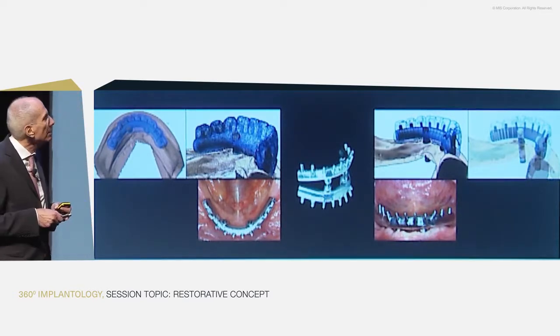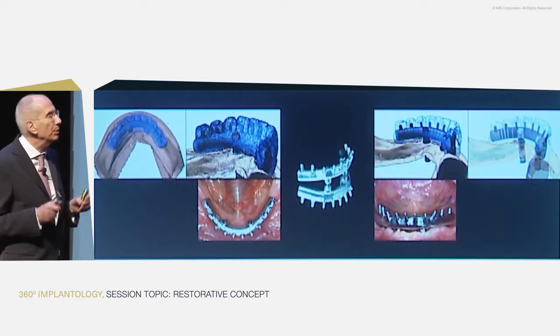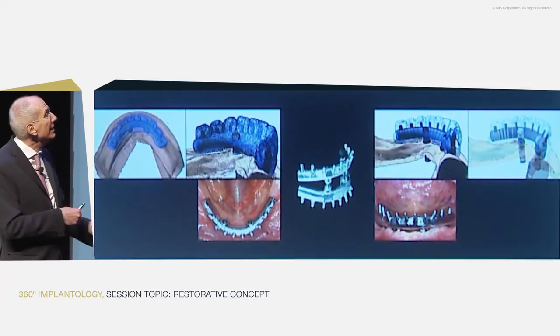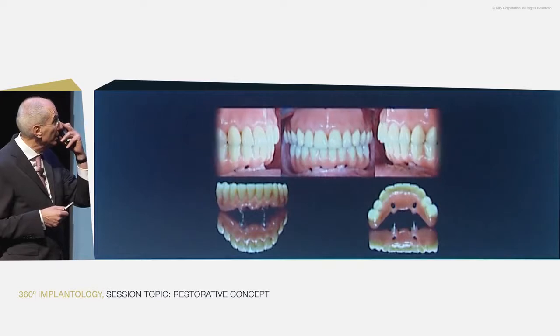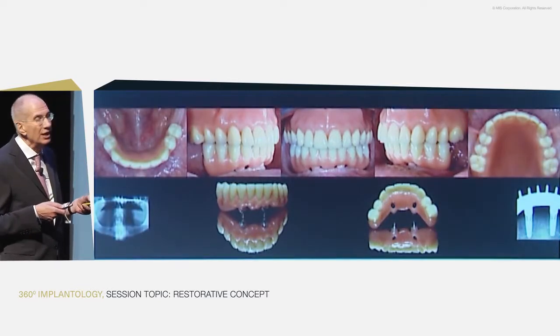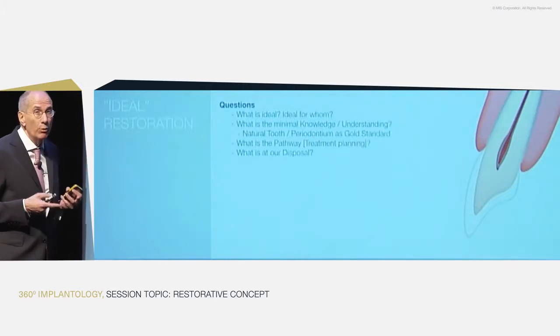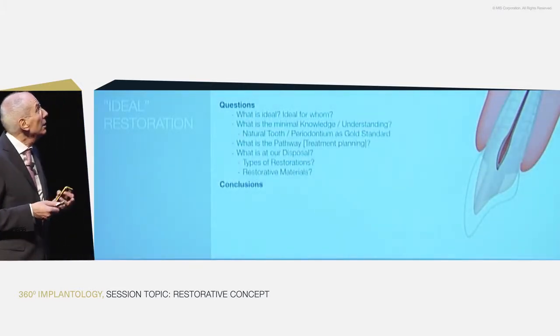And of course, you can mill the bar from titanium, a very stable titanium bar, and then have a fixed restoration. But I remind you again, it's an experimental solution. You can see it here, where a reduced dentition or a premolar dentition is used in these cases.